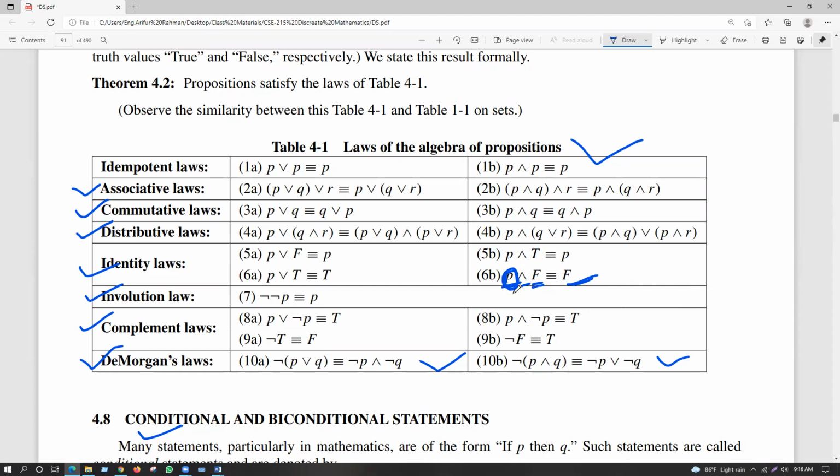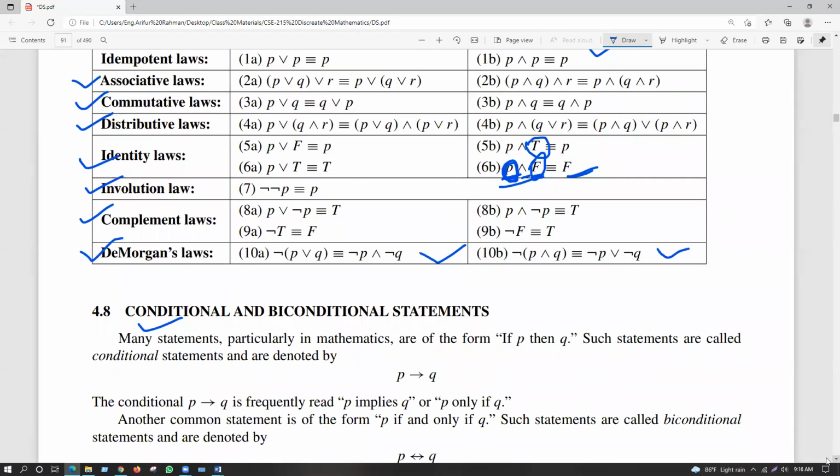Not only this one, every variable here, P and Q and sometimes R, are all logical variables. And F means just the false value, T means just the true value. Is that okay? Understood?